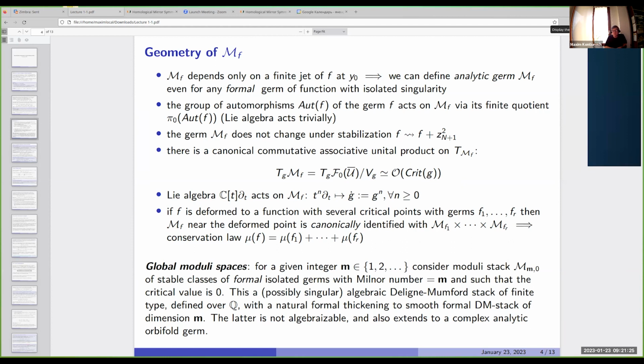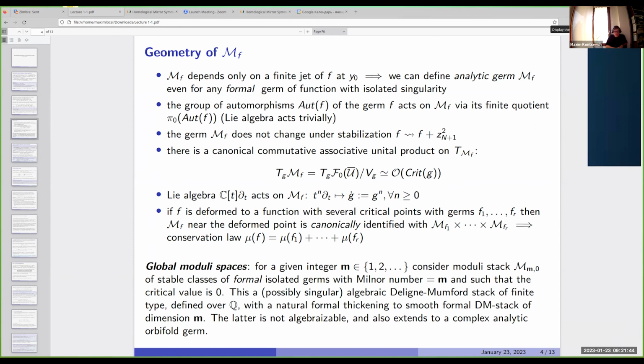It canonically splits as a product of the same space associated with smaller Milnor numbers. And we have a conservation law: the Milnor number of the whole function is the sum of the Milnor numbers of the new singularities. So it's a really lovely object.